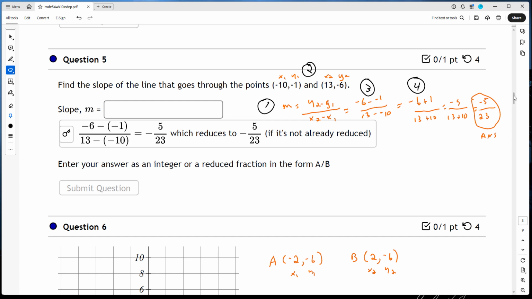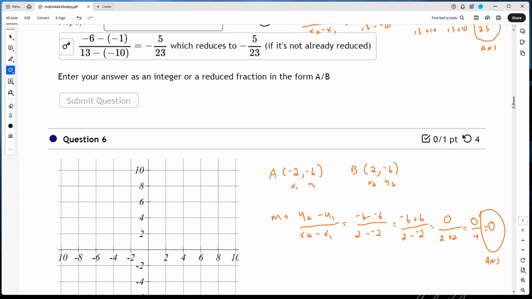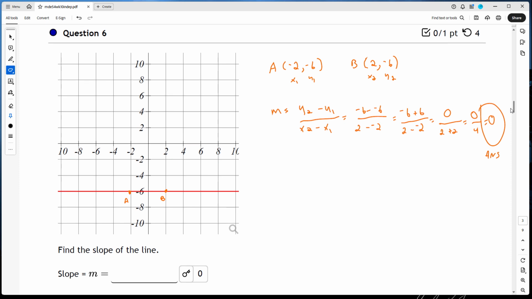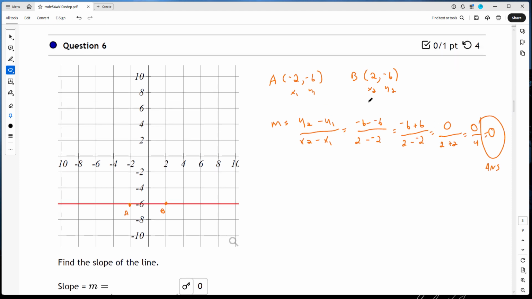That was question 5. The next one is question 6. Find the slope of the line. The first thing you do, write out your slope formula. The second thing you do, assign values to your variables. The third thing you do is you plug in.